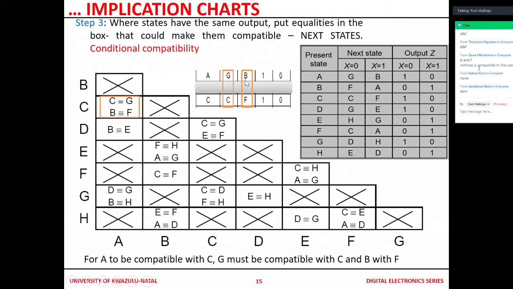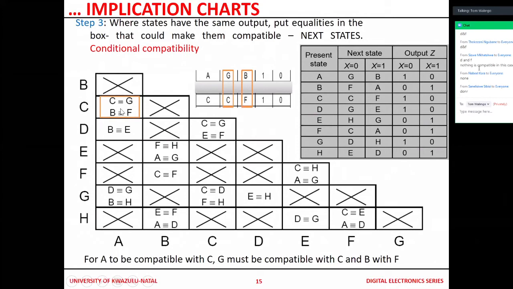If B is compatible to F, AND, that is an AND gate, G is compatible to C, then A is compatible to C. I will repeat that. If B is compatible to F and G is compatible to C, then A is compatible to C. So put those conditions there.